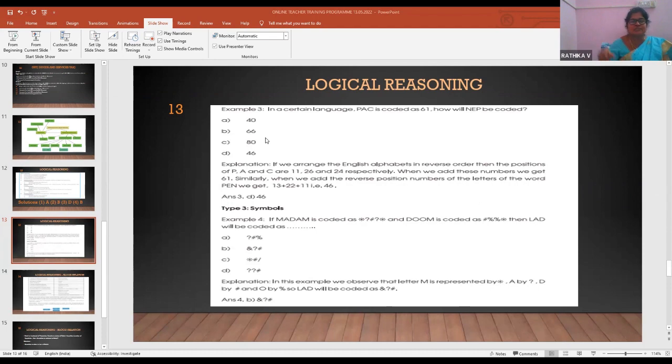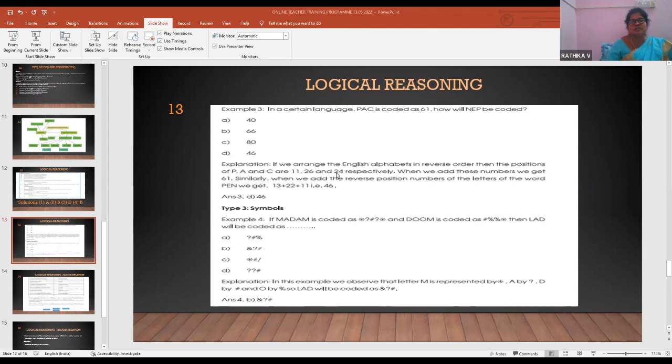We'll be writing the values, how they are relating, letter P. It's coding and decoding only here. So P stands for what value, A stands for what value, C stands for what value, like we have to calculate using the English alphabet. They have given an explanation here. In the reverse order, the positions of P, A and C are 11, 26 and 24.